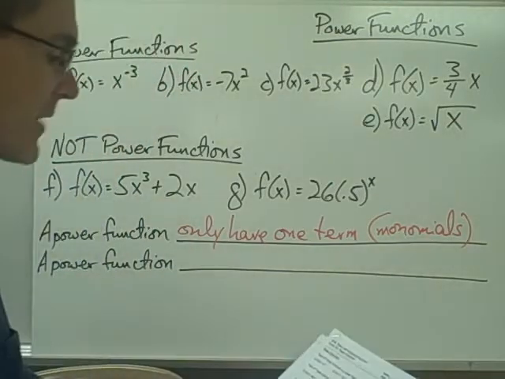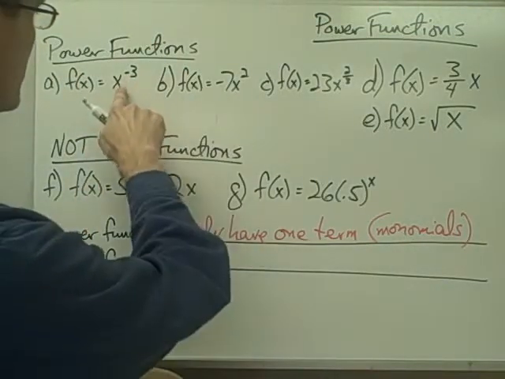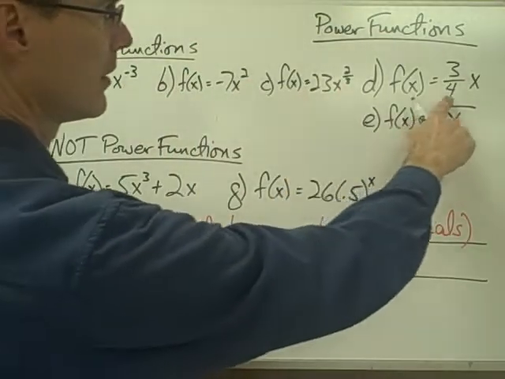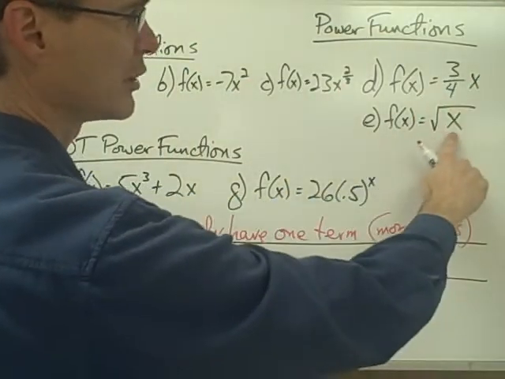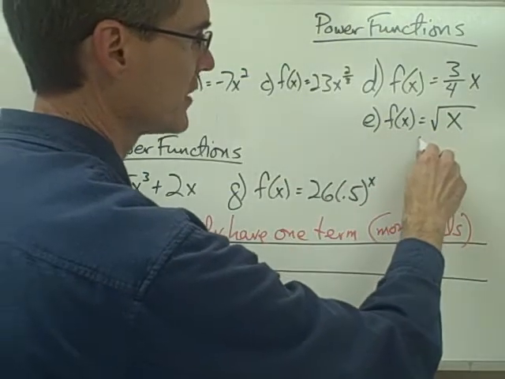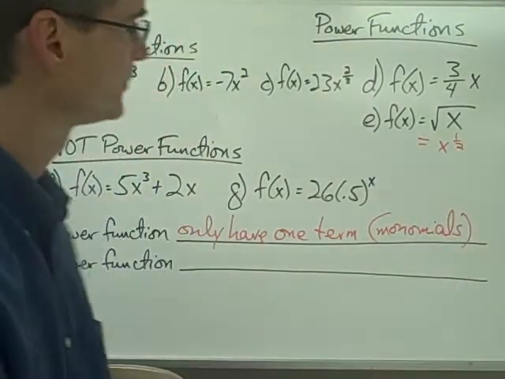Now, something else that's true about power functions is that each one of these functions has a variable with an exponent. Variable, that's an exponent of 1. This one you may look at and think, wait a minute, this variable doesn't have an exponent. Actually, it does, because you can rewrite this one as x to the 1/2 power.